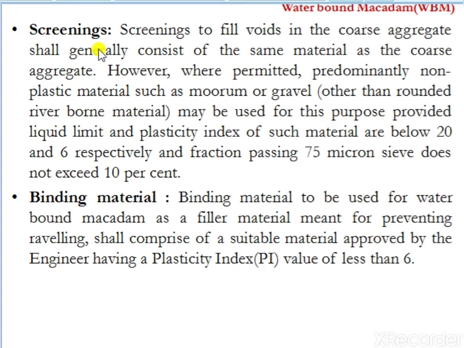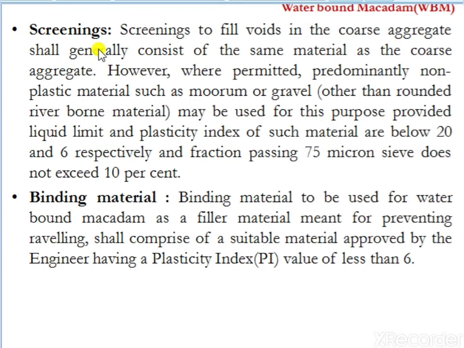The materials used for screening should have a liquid limit below 20% and a plasticity index of 6%, and should not have a fraction passing through the 75 micron sieve of more than 10%. So the material which passes through the 75 micron sieve should not be more than 10%. It should be below 10%. Then binding material.